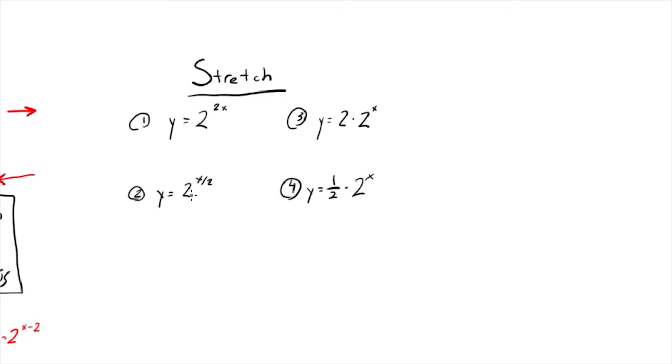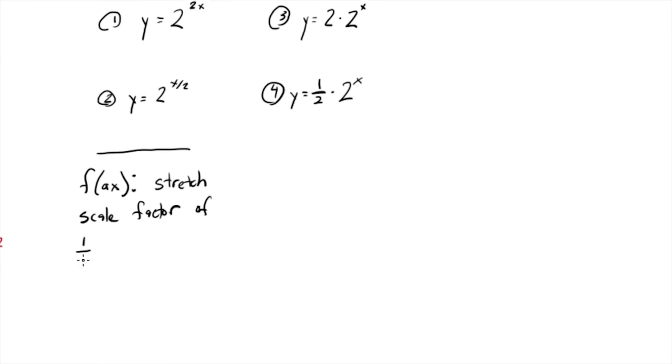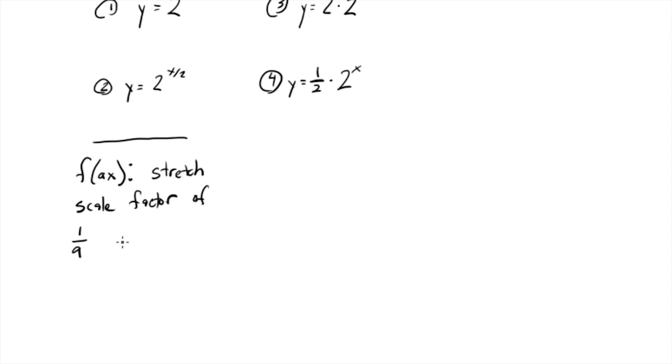So what will happen in these cases? In case 1 and case 2, we will have a stretch. We know that x is being multiplied by something, so we say the function of ax will cause a stretch with a scale factor 1 over a parallel to the x-axis.